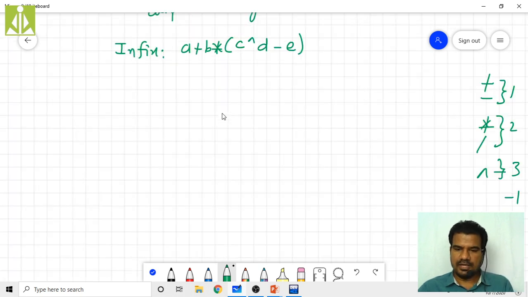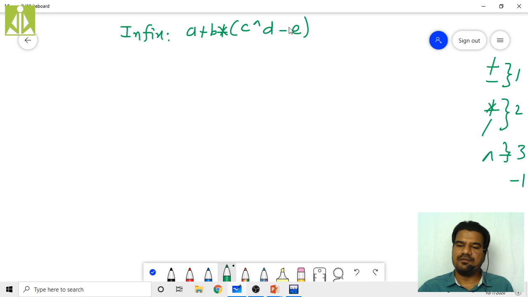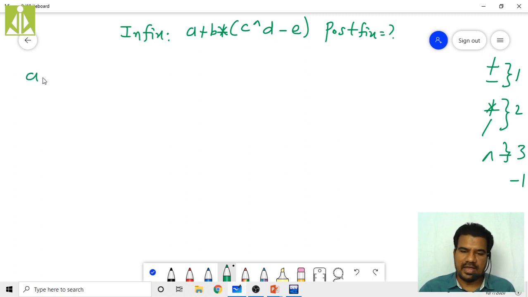Okay, next thing, this infix expression, we want the equivalent postfix expression. To convert this one, take down all the characters in the given string in sequential order. First we have a, then plus, then b, multiplication, open bracket, c, power, cap, that is d minus e.